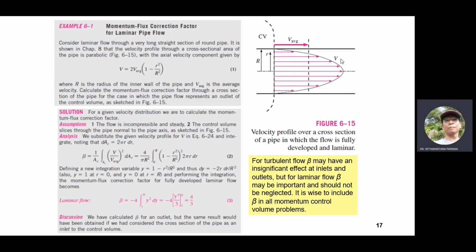So the velocity profile is V equal to 2 times the V average multiplied with 1 minus r square over large R square. Large R is the radius of the inner pipe, while small r is the position observed from the center of the pipe.